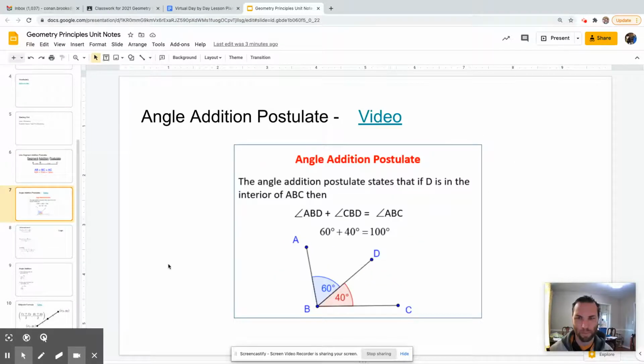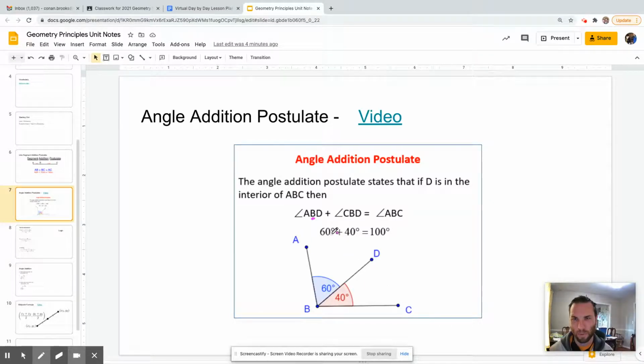Okay. And then same thing for the angle. It says that if you have angle, and this is the way it's written with a little angle sign, ABD. Notice that B is the vertex, it's written in the middle. So B is your vertex or your anchor for the angle. But ABD plus CBD, and you can write it as DBC also, is equal to the total ABC.